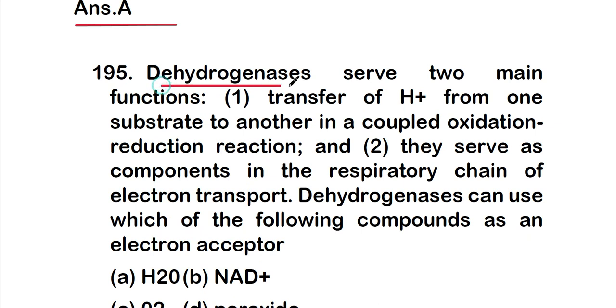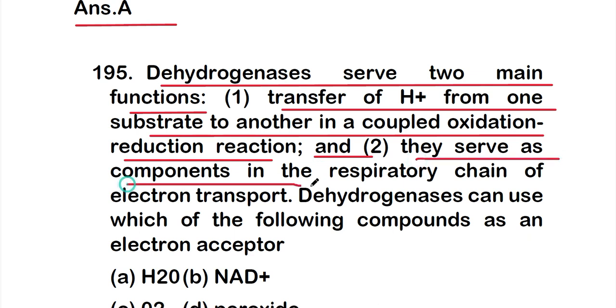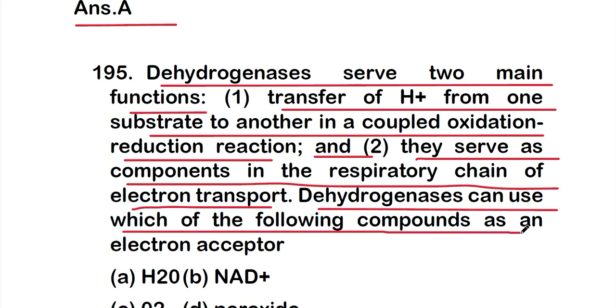So dehydrogenases serve two main functions. One is transfer of H plus from one substrate to another in a coupled oxidation-reduction reaction, and the second function is they serve as components in the respiratory chain of electron transport. So dehydrogenases can use which of the following compounds as an electron acceptor?